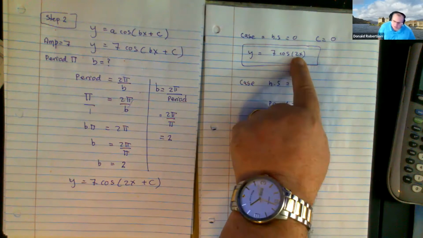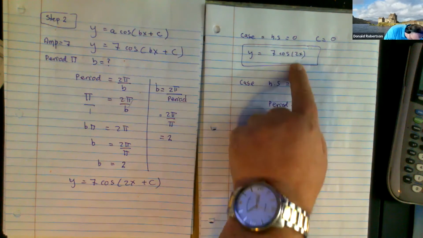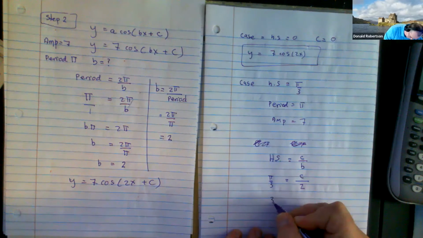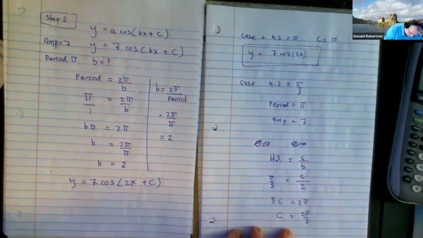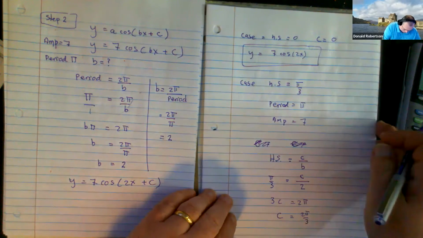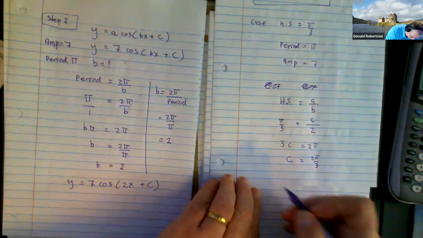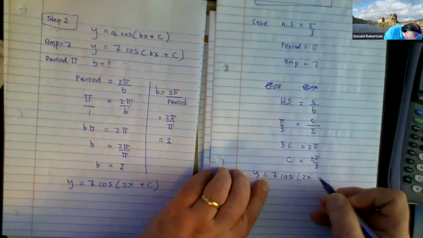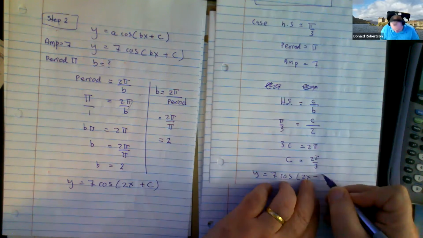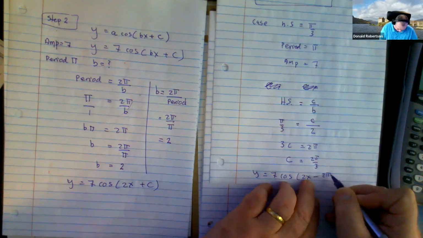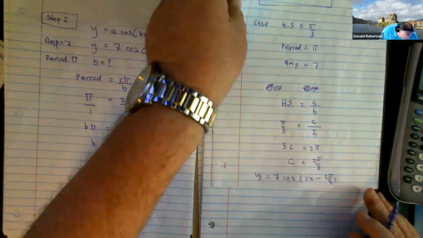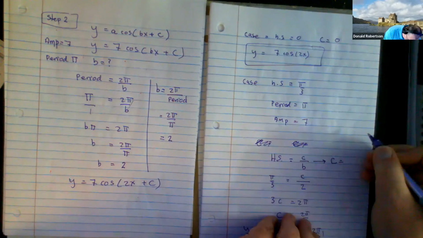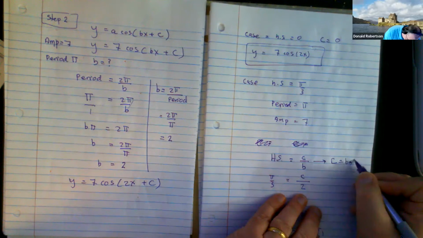So, a little cross multiply, and then you get C. And so, if that was the question, we would have y equals 7 cosine 2x minus 2 pi over 3 because the shape was shifted to the right. That means if you rearrange this formula, C is going to be B times the horizontal shift.